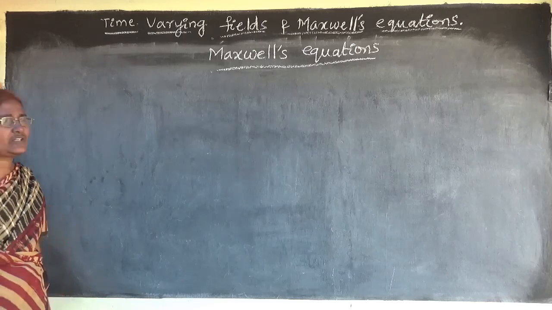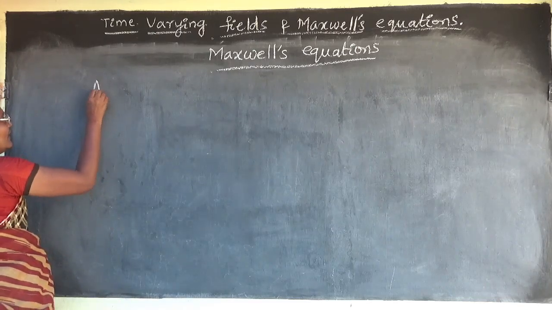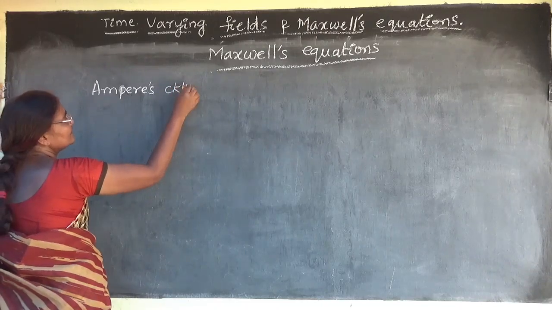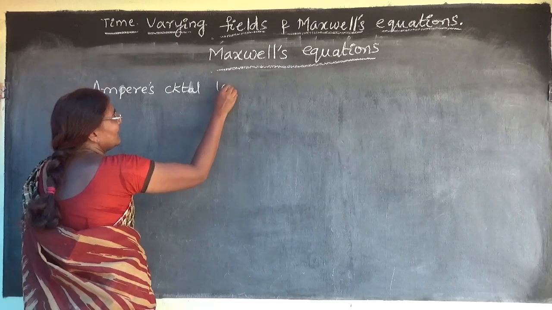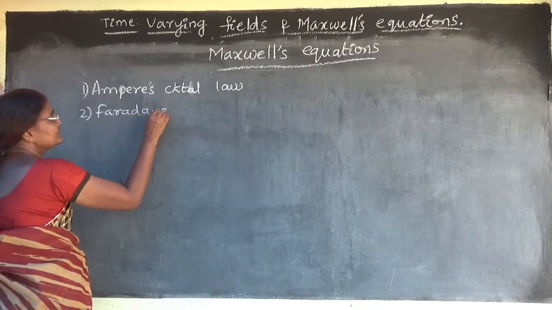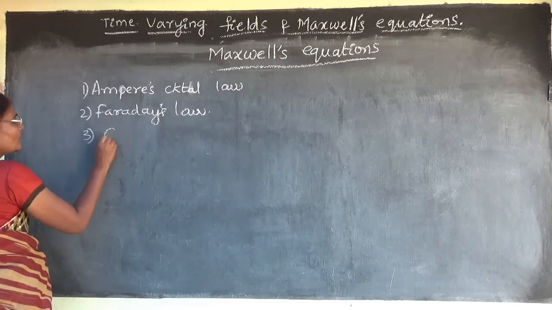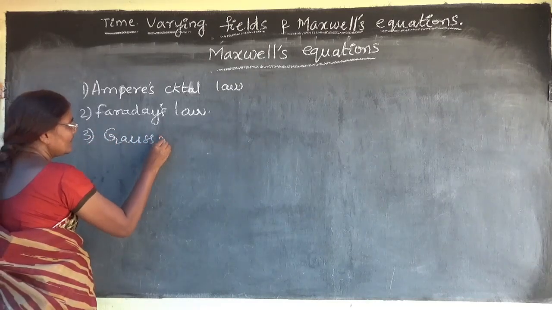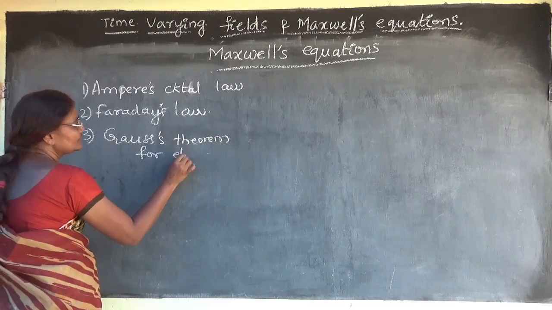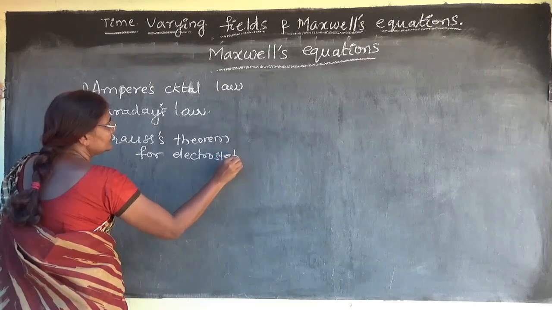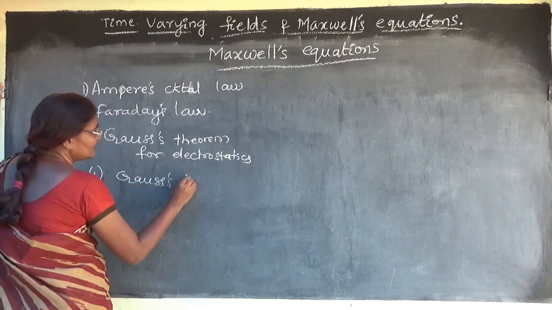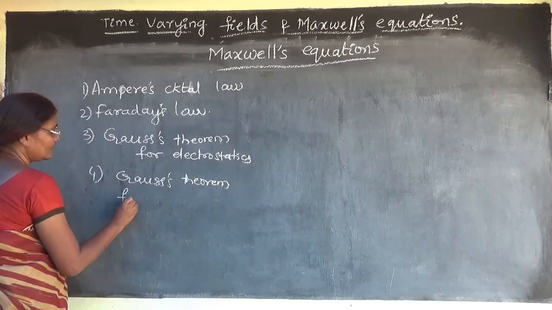There are 4 Maxwell's equations, which are derived from Ampere's circuital law, and Faraday's law, and Gauss's theorem for electrostatics, and Gauss's theorem for magnetostatics.